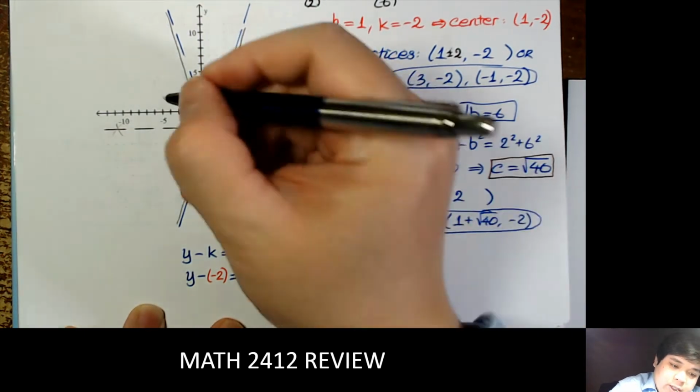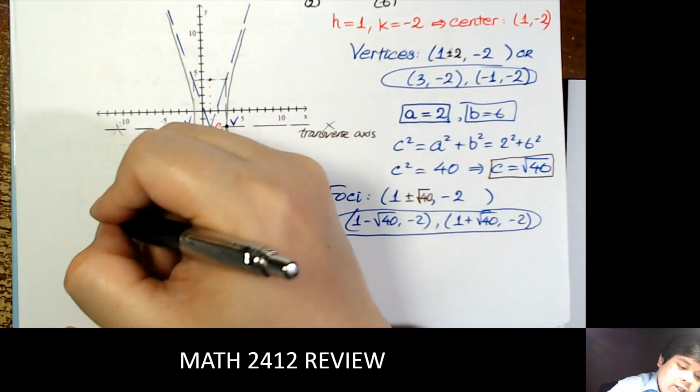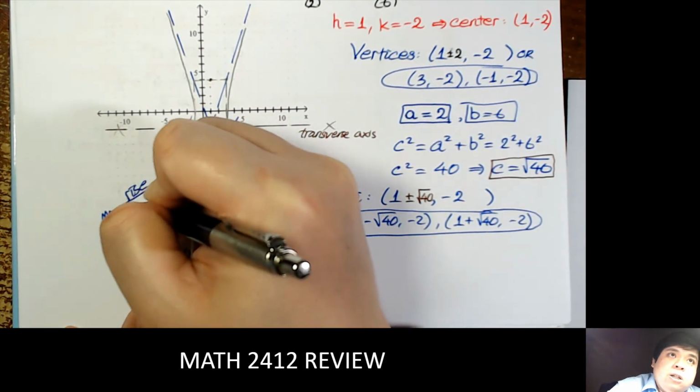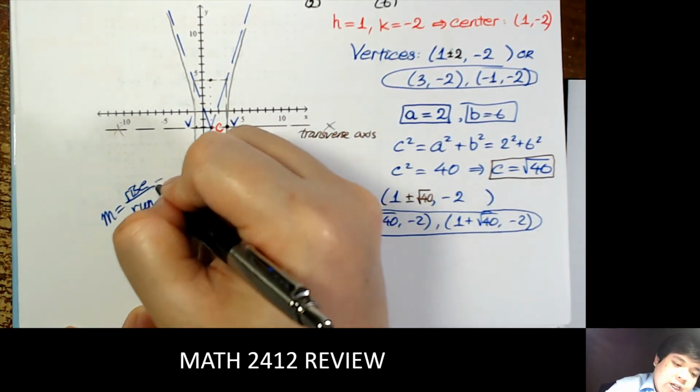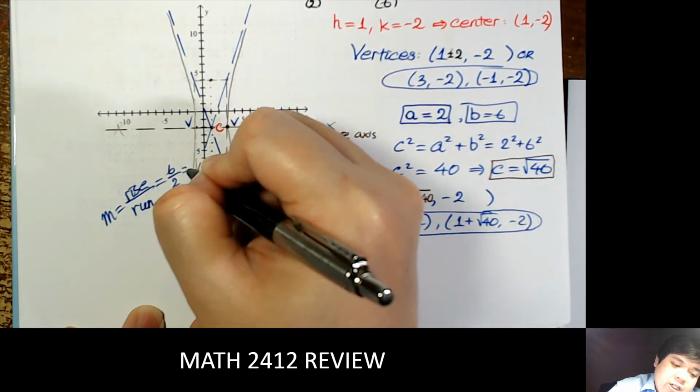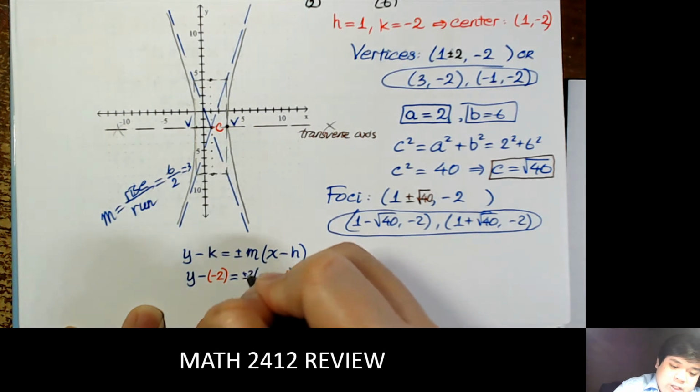And then the slope. Slope is rise over run. And rise, it goes up 6 units and then 2 units to the right. So 3. So we have plus or minus 3.